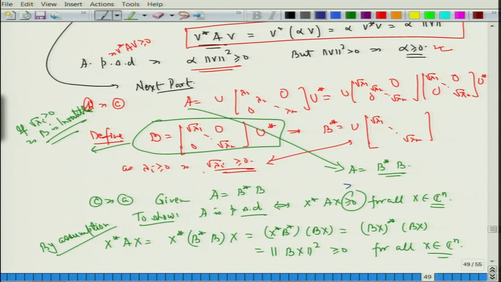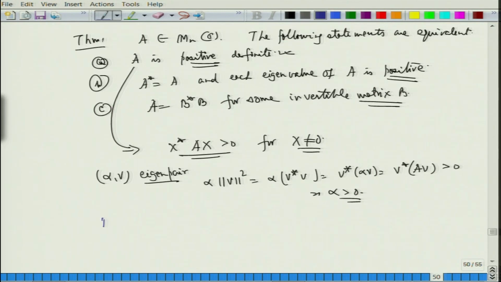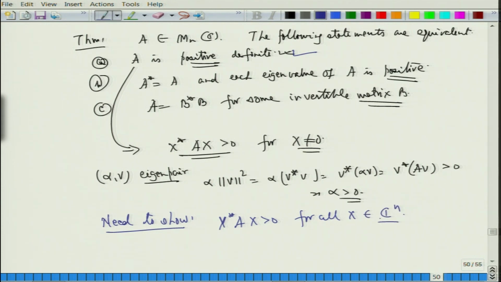So we need to show A is positive definite, so we need to show x star A x is positive for all x belonging to C^n. So just compute x star A x, which we computed earlier as norm Bx whole square.